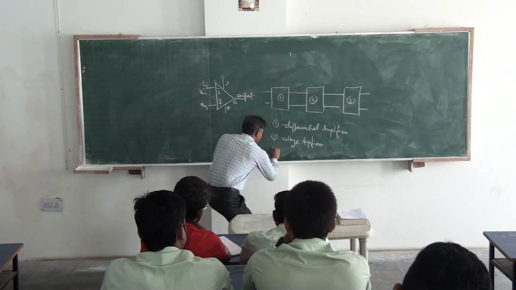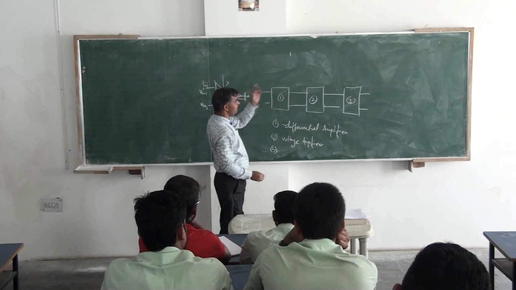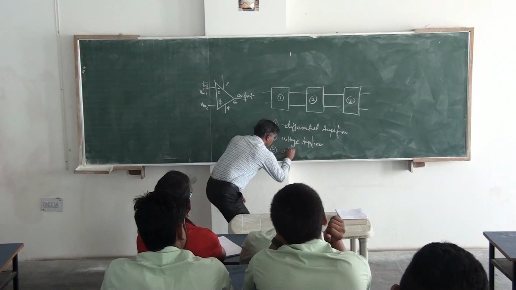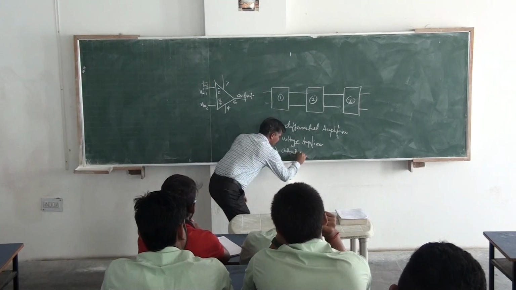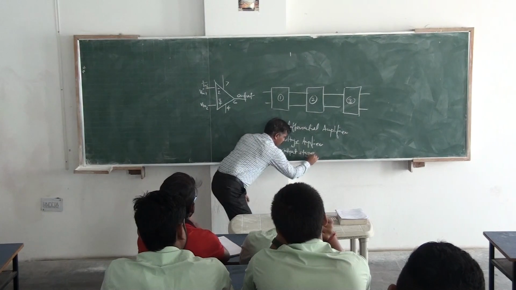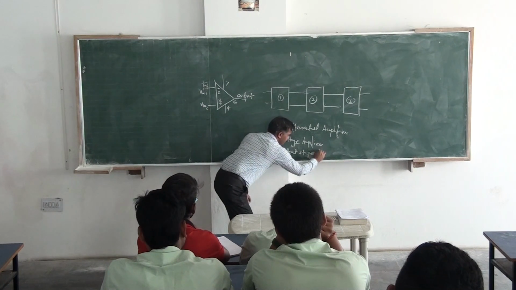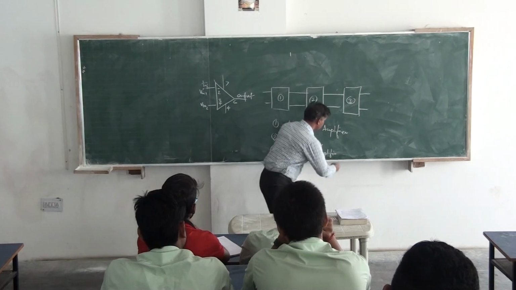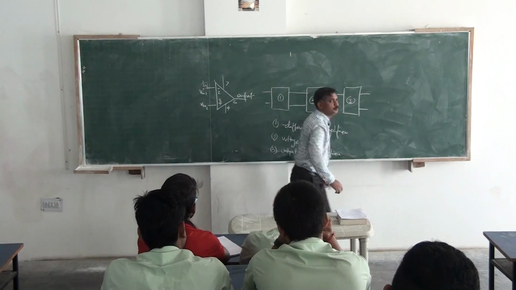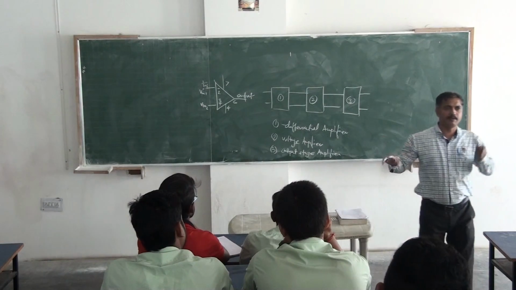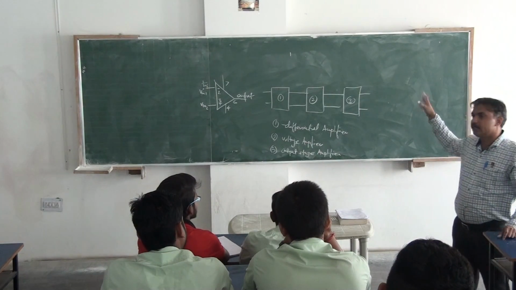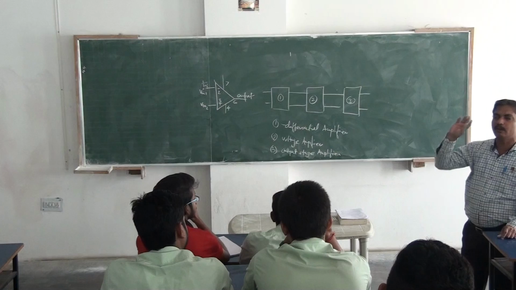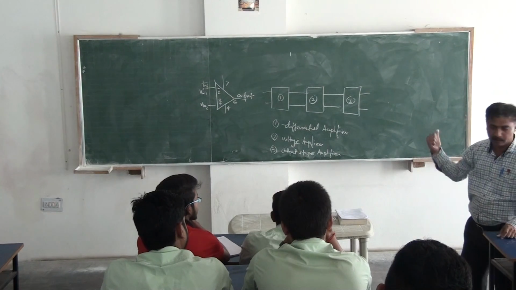And the third will be your output stage amplifier. Normally this output stage amplifier will be of the push-pull type. What is the purpose of push-pull type? It will take care of whatever load you are going to connect at the output side.